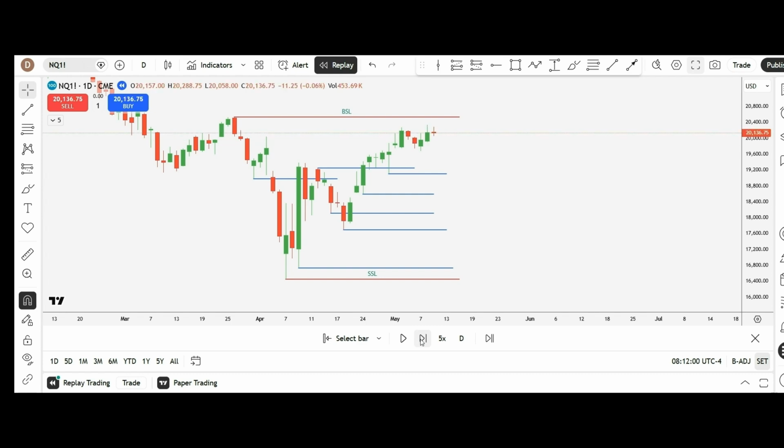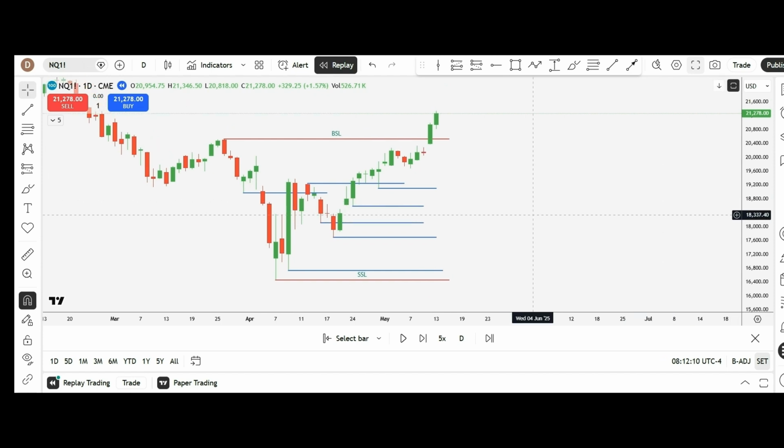All right, we're still ranging. Okay, and the price is taking the buy side liquidity out, and we get a couple of solid green candles closing well above the buy side liquidity, indicating that the price is willing to move higher.